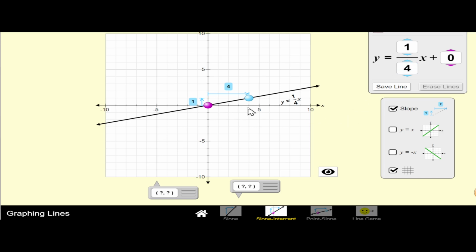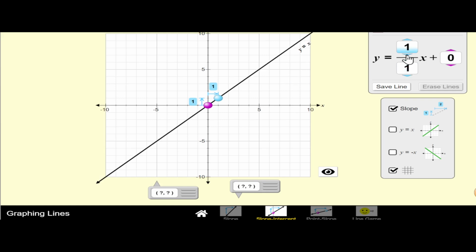So for every 4 that it goes across, it goes up 1. And it's no coincidence that it's 1 over 4. It's often described as rise, the amount that it rises, over the amount that it runs. Fair enough.